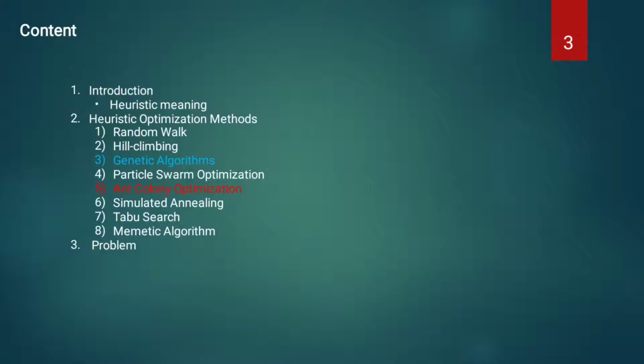We have random walk, hill climbing, genetic algorithm, particle swarm optimization, ant colony optimization, simulated annealing, taboo search, and Bernoulli algorithm. Because of the limited time, just 15 minutes, I focus on the genetic algorithm. And the last one is my problem, my challenge, that I want to show you.